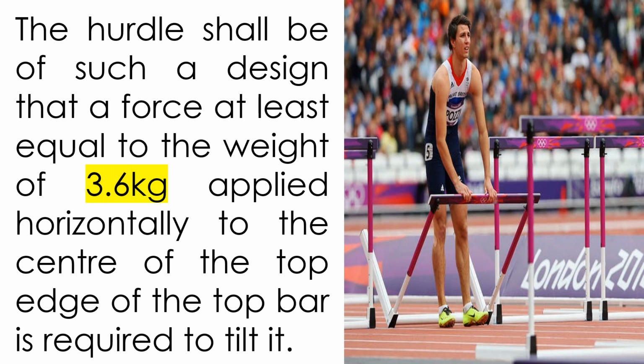It will not tilt until and unless the force has the weight of 3.6 kg. So by this you must be clear that these hurdles require at least a force of 3.6 kg to be tilted. Otherwise it will not tilt.